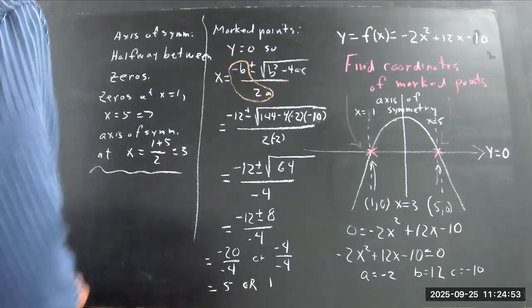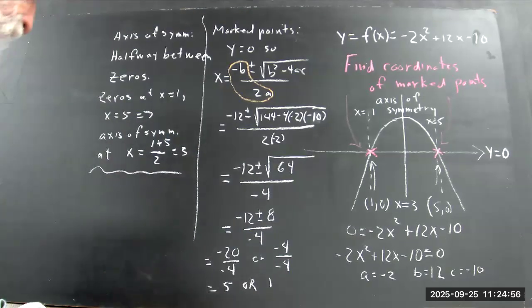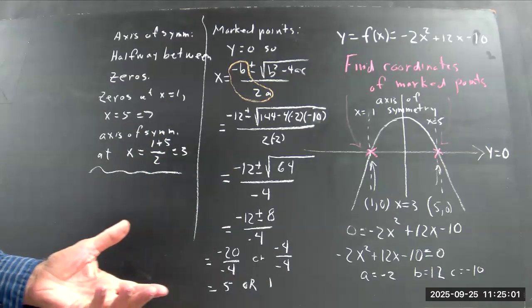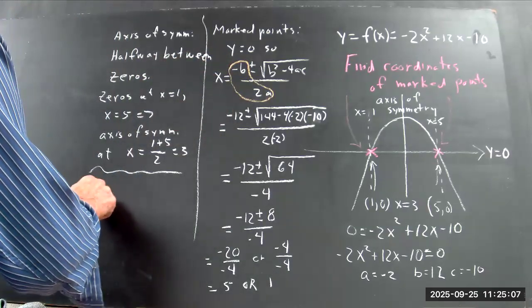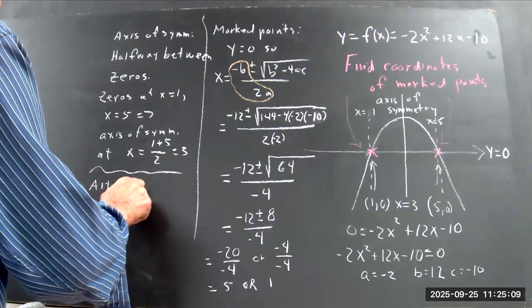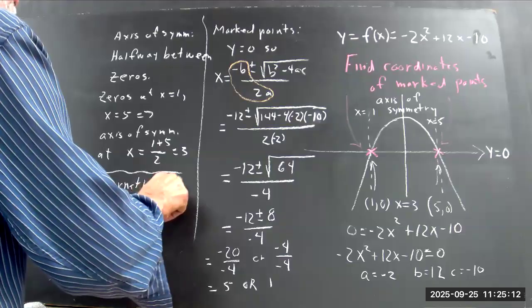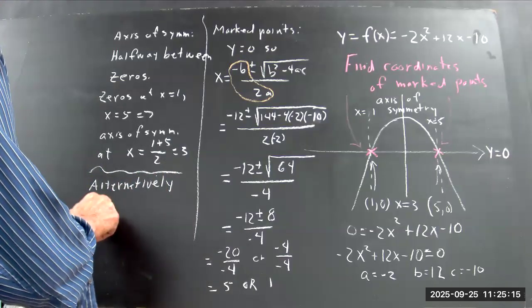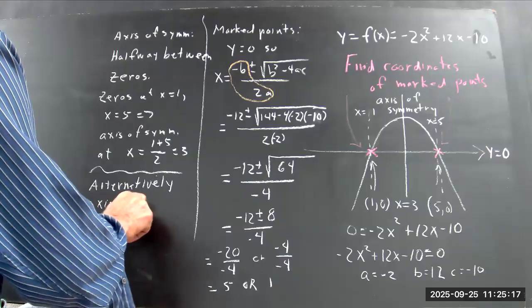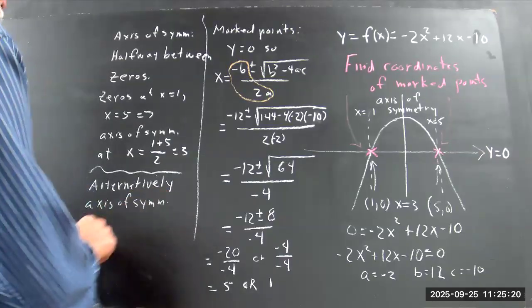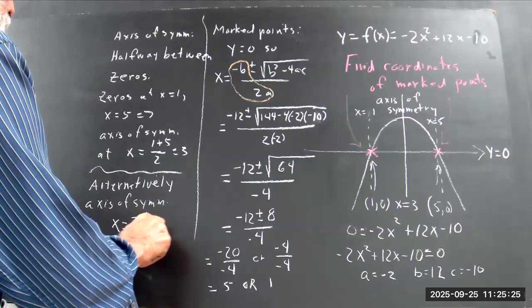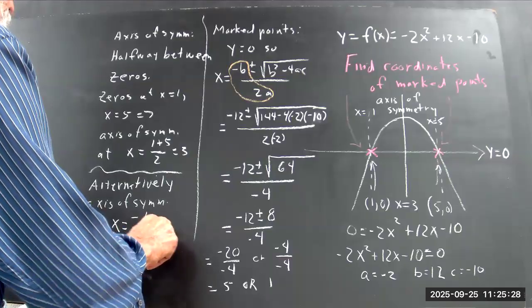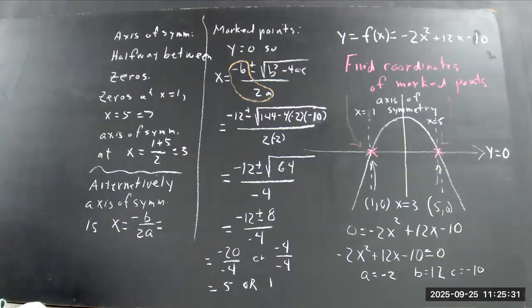So that's one way to get the axis of symmetry. Another way to get the axis of symmetry, if you want to get it first, and one of you did that, is you use this: x equals negative b over 2a.